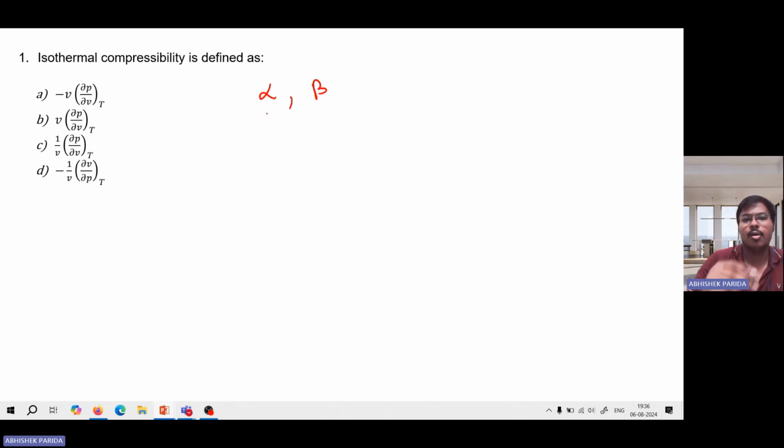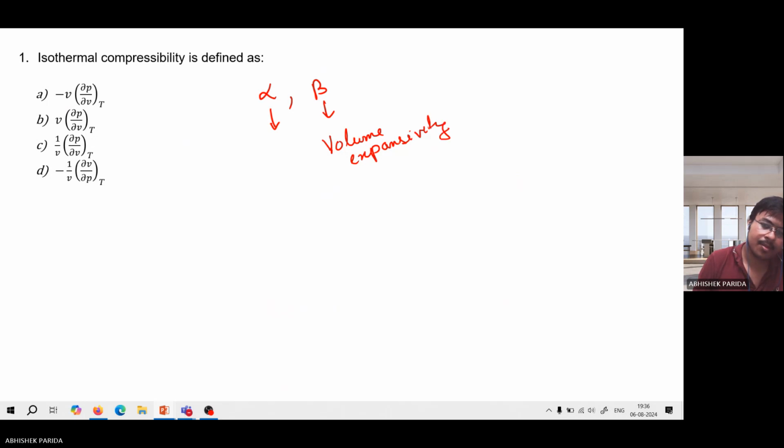You tell me which one is alpha and which one is beta. Beta is volume expansivity. This is isothermal compressibility.